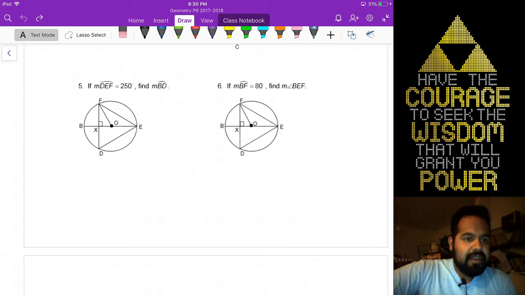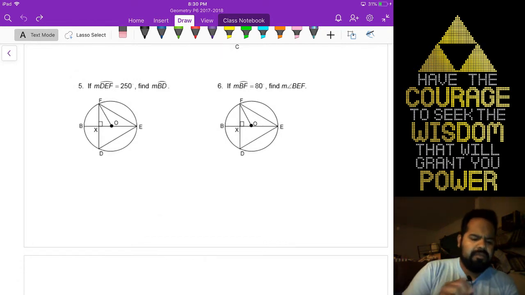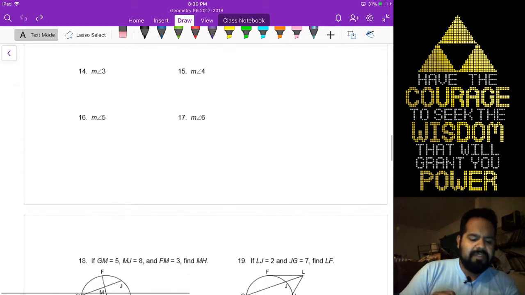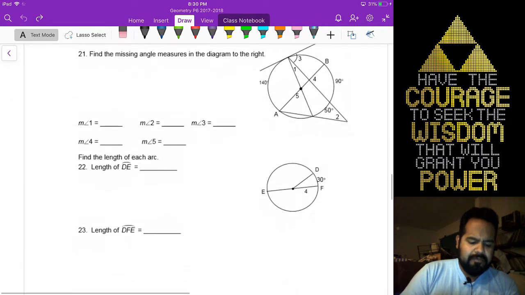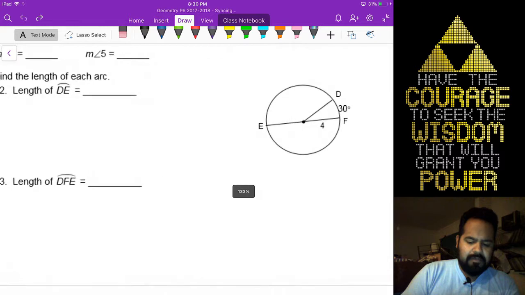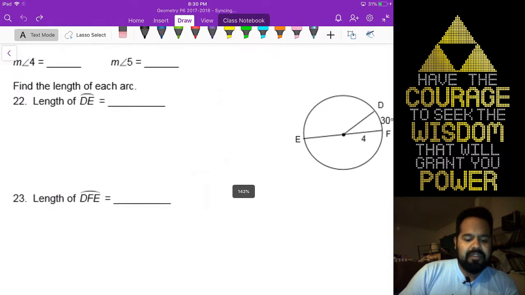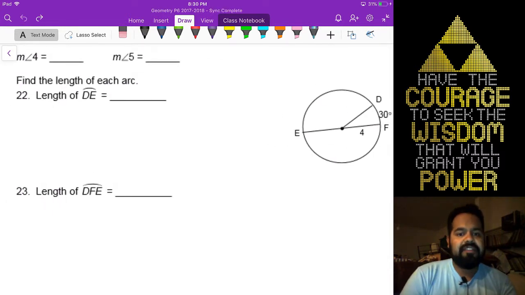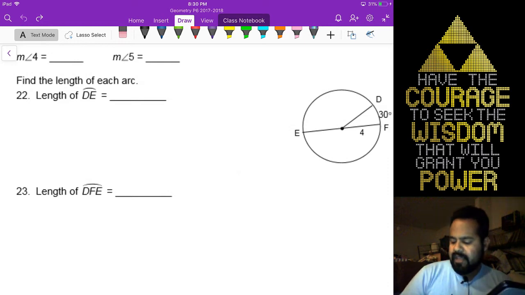Convert your length of DFE from degrees to radians. We haven't talked about radians. So McCune, we haven't talked about units for radians because the formula that I've used allows you to convert between the two.